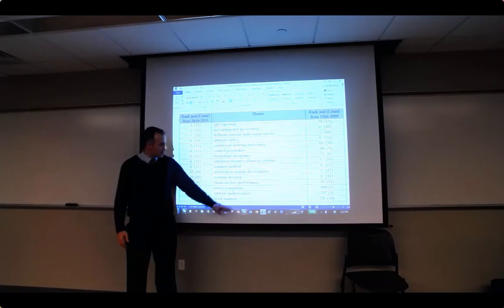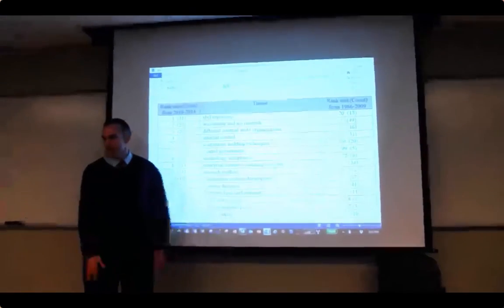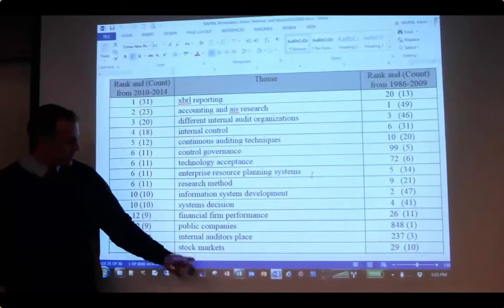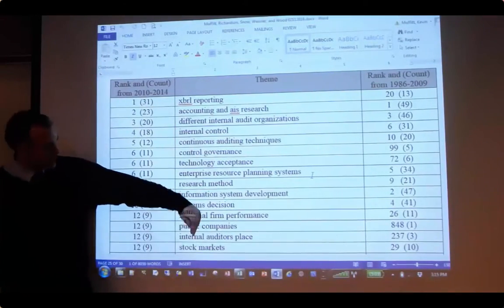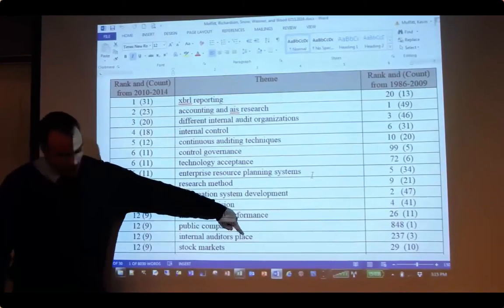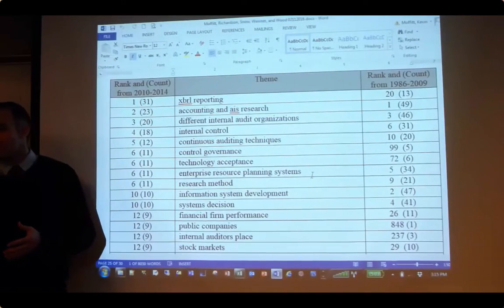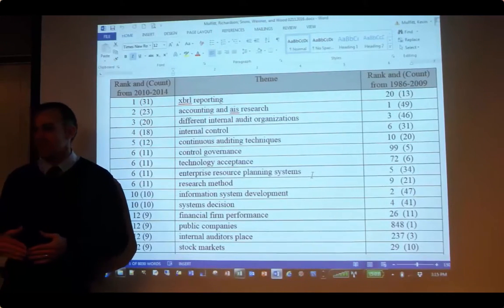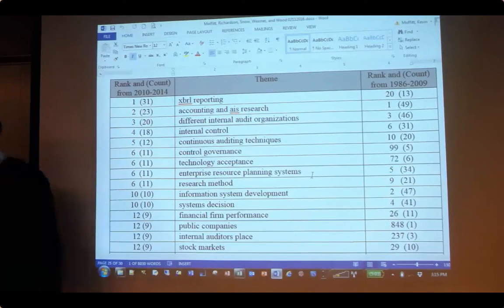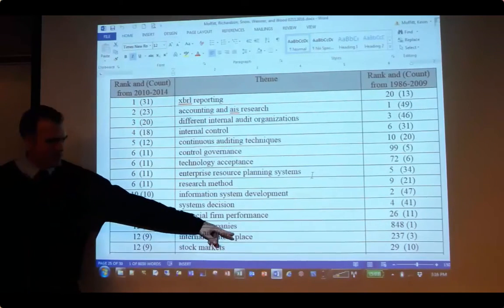Internal auditor's place, if this existed in the model, it would pick the part of speech for place from that 3-word phrase. Anyway, it's a noun in any of those cases.